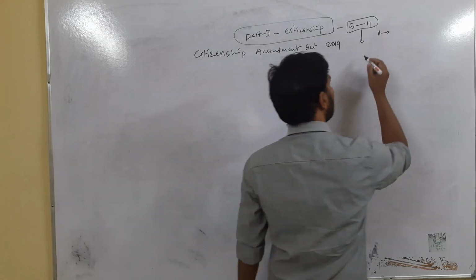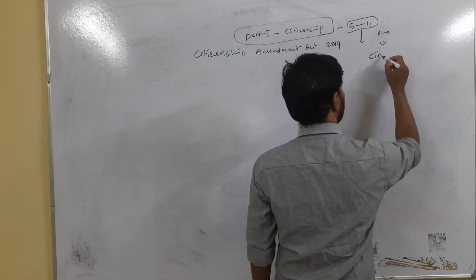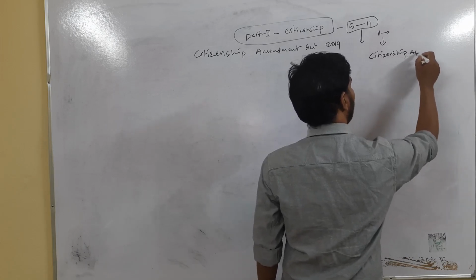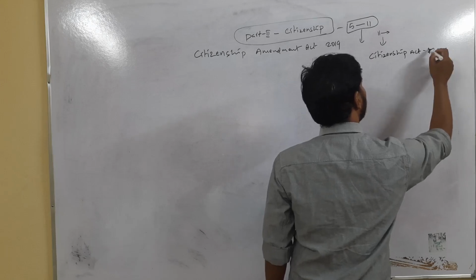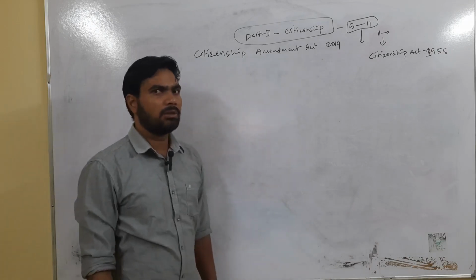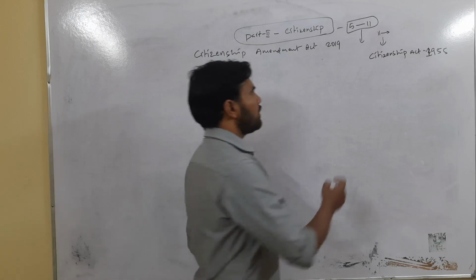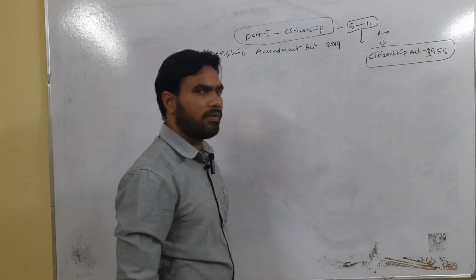So accordingly, the government of India has brought in an act, that is the Citizenship Act, 1955. In 1955 itself, the Indian Parliament made a comprehensive law, the Citizenship Act of 1955.